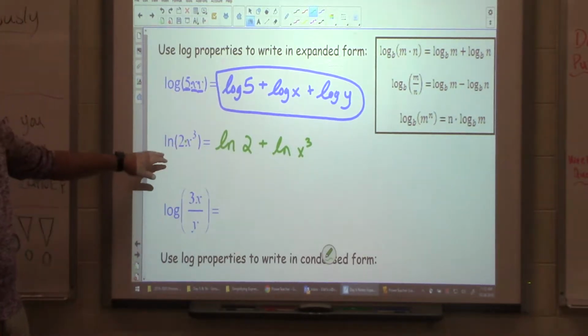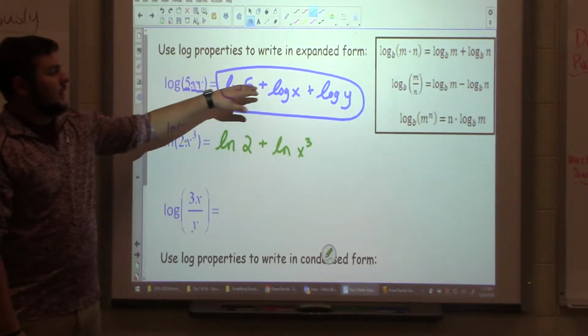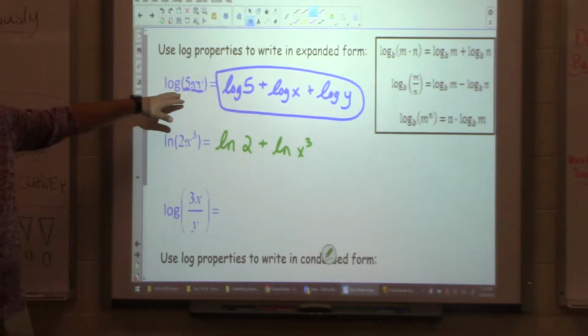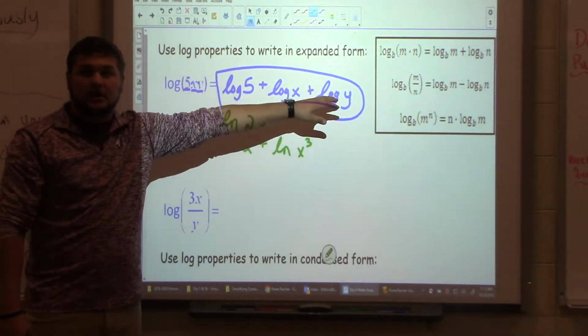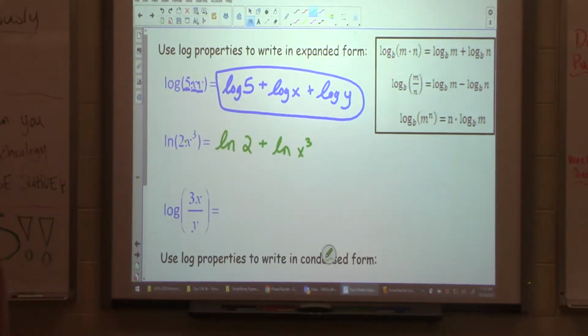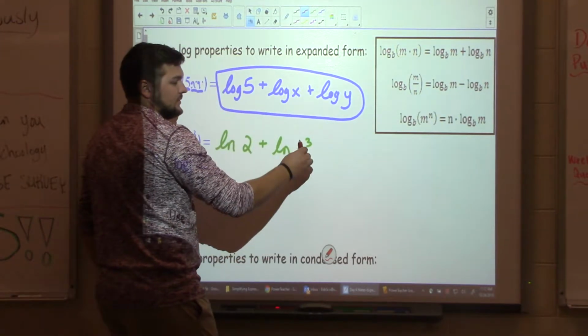Notice, the base I begin with, whether it's natural log or log, will be the same base throughout. So if I have log base 2 to start with, every piece should be log base 2. It should be the same base at the end as it was at the beginning. Now, I'm not done with this one yet. I have an exponent.